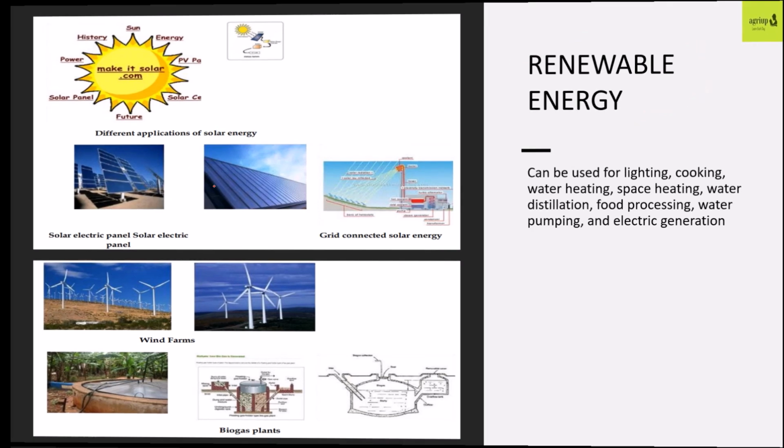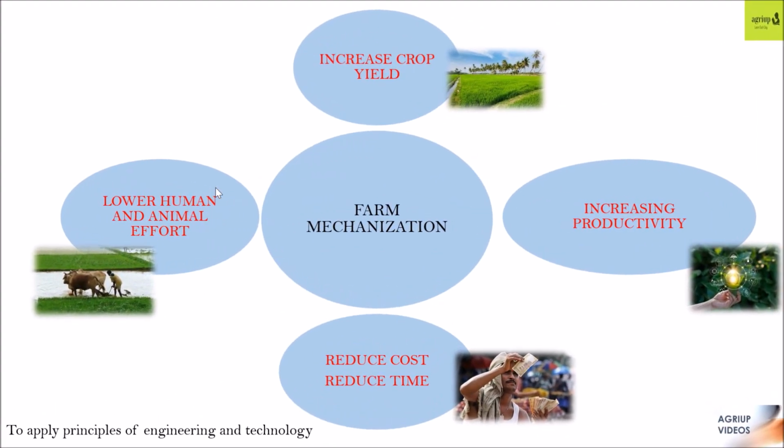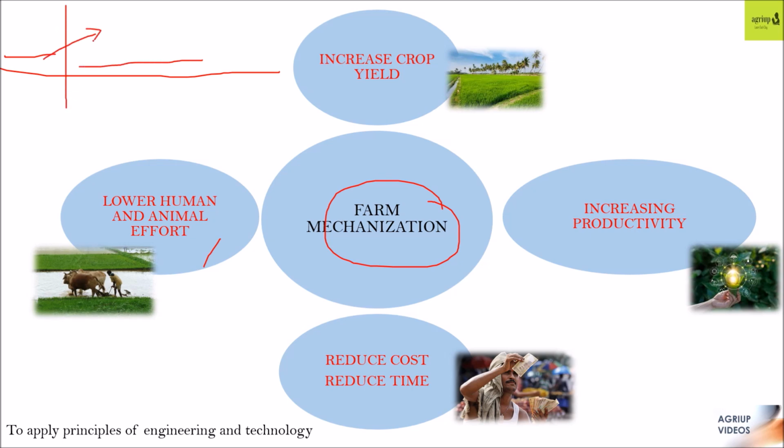Now, with all this farm mechanization being done, what is the major intent of having these systems on the farm, apart from a farmer normally having labor doing the field work? What are these mechanizations that we talked about, having tillers, harvesters, threshers, going to get? First of all, it is going to increase the crop yield because the efficiency will be very high.